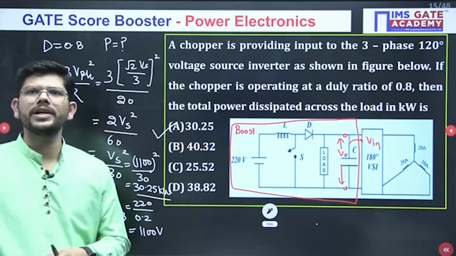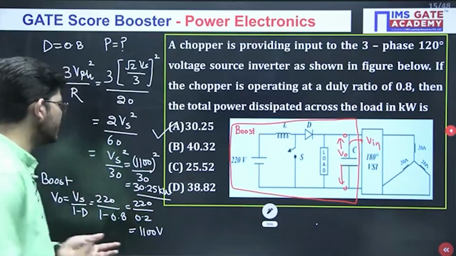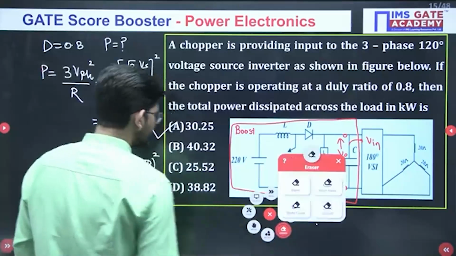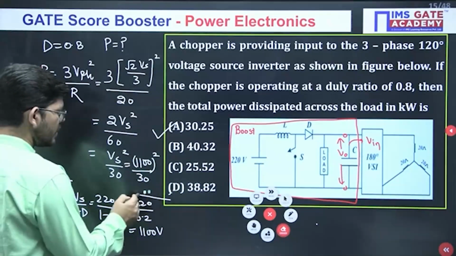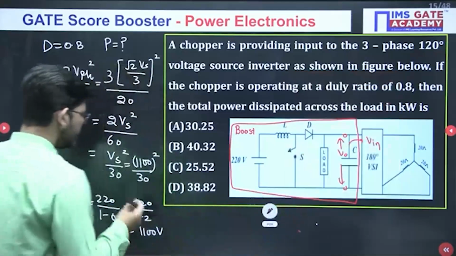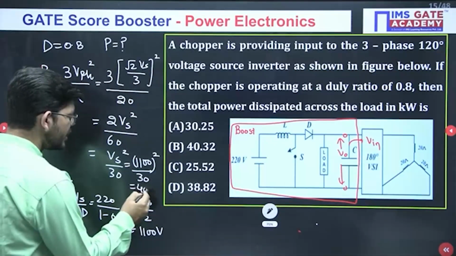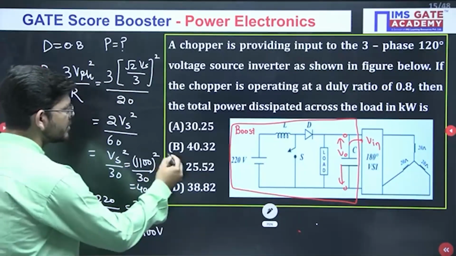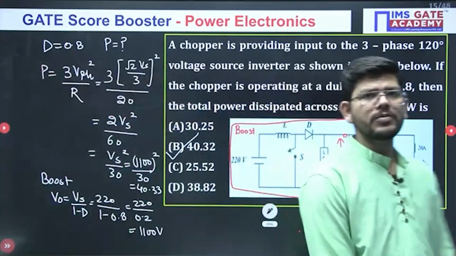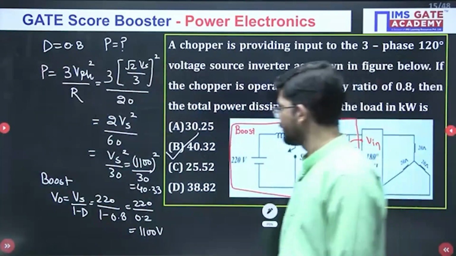Yes, it is 40.33. Nilmes is also getting the same answer. Very good, Nilmes. It is 40.33. So my answer is wrong. It will be 40.33, which means option number B is the correct option.